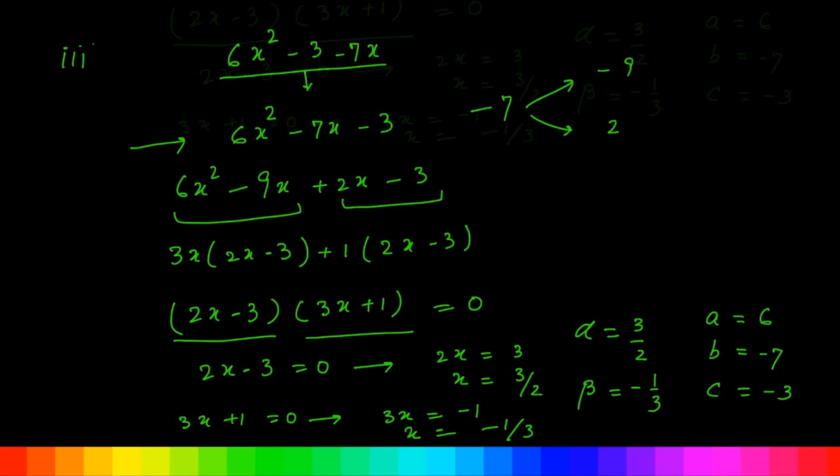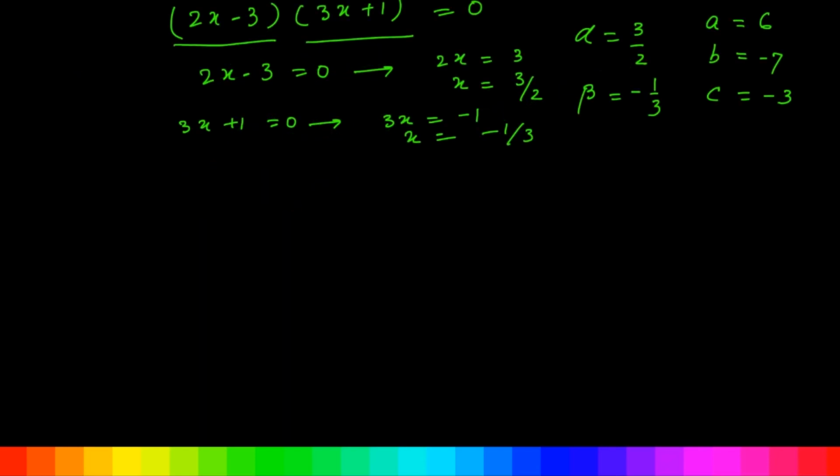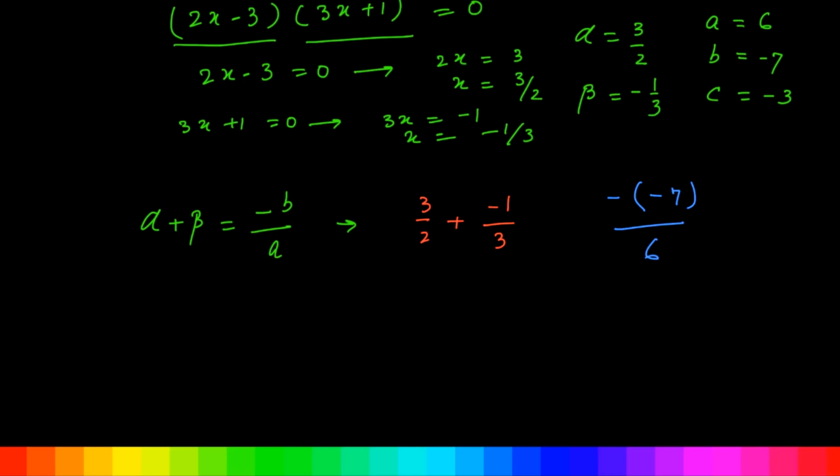Let us verify the relationship. Sum of zeros, that is alpha plus beta, is equal to minus b over a. We'll put the values. Alpha is 3 by 2 plus beta is minus 1 upon 3, equal to minus 7 over 6.